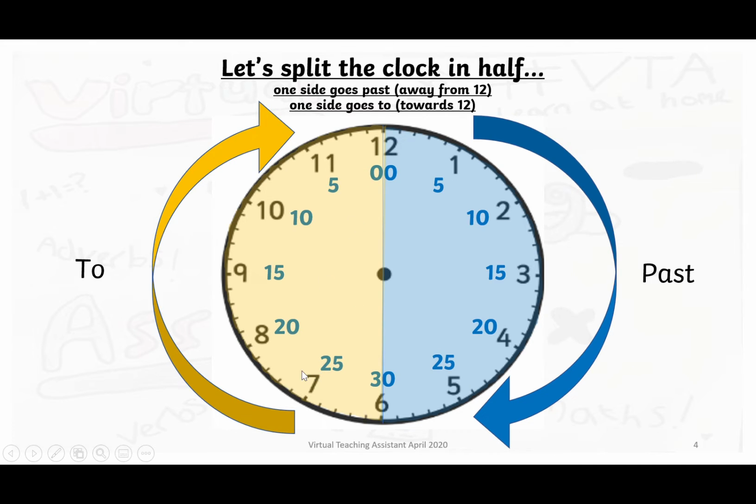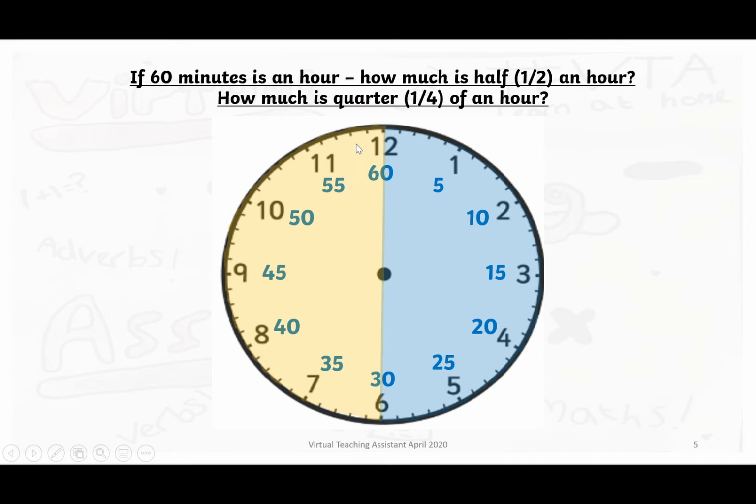Because look, it's not 35 minutes to 12. It's 25. Watch. 5, 10, 15, 20, 25. So can you see why I've changed the numbers on this side? Okay, so this side going away from the 12 is past. This side going towards the 12 is to.